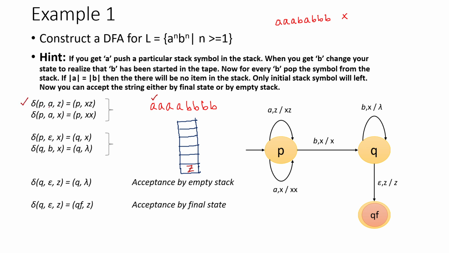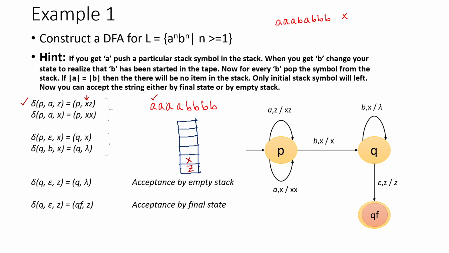If you see P, and you get A, and you are in the initial stack situation, then you will be in the same state because you are reading A, and you will push a new character X. So a new character X will be inserted, right?